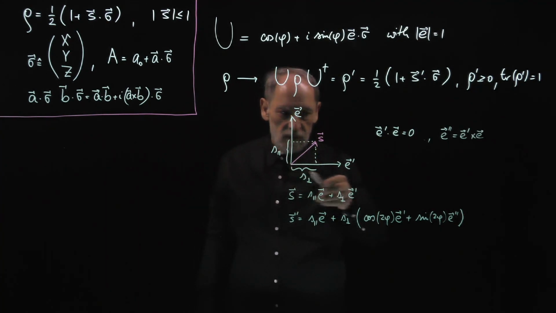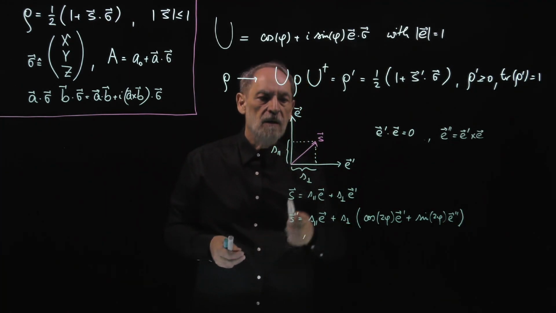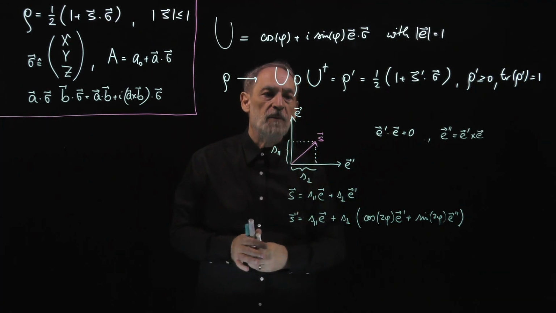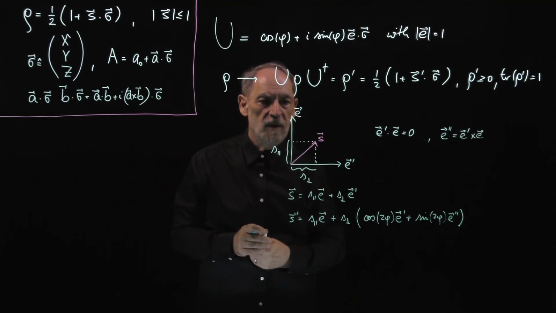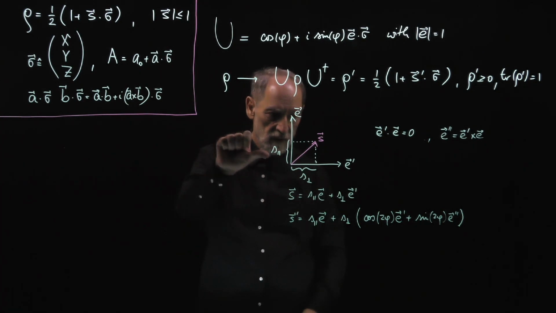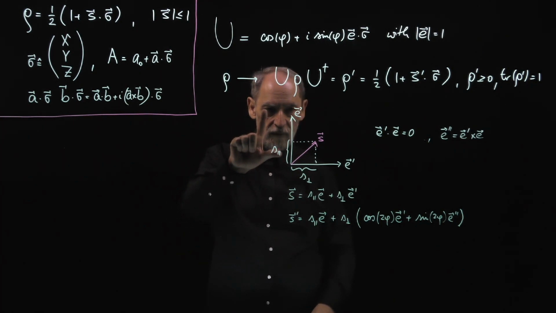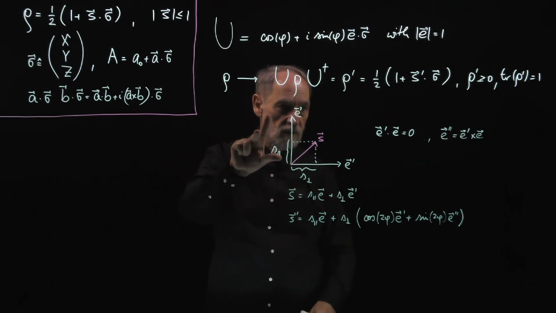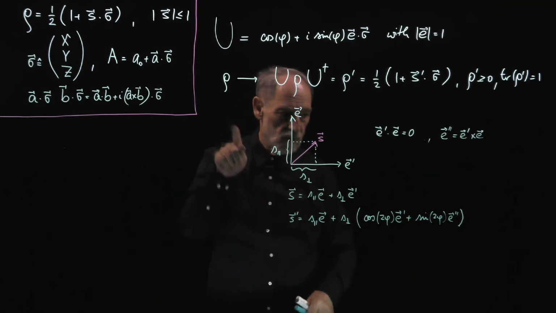So in this picture here, it is a vector that is out of the plane that I have drawn, namely the vector that points from me to you. So if you use your right hand, thumb in the E prime direction, first finger in the E direction, then the middle finger points in the direction of E double prime, from me to you.